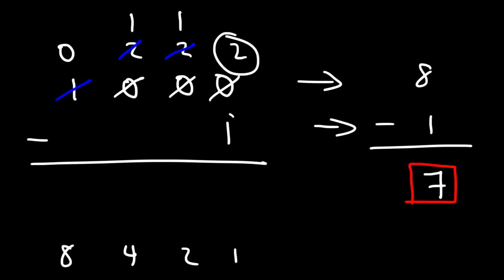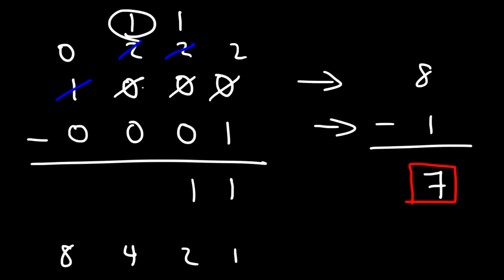So 2 minus 1 is 1. And then 1 minus nothing, if you want to, you can add some zeros here. So 1 minus 0 is 1. And then we have 1 minus 0 again, which is also 1. And then finally, 0 minus 0 is 0.